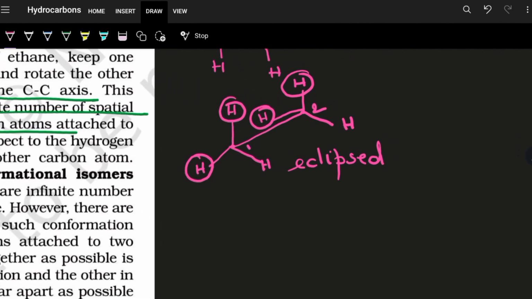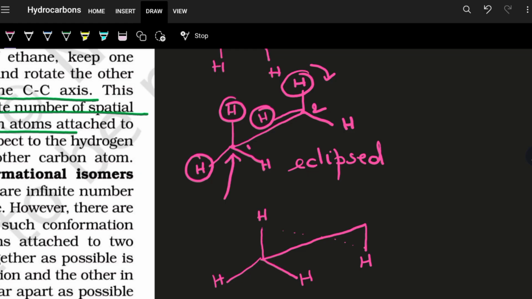Now, if I keep C1 fixed, only tetrahedral, and change the carbon-hydrogen bonds of C2 by rotating them through small angles, we ultimately come to a point where the hydrogen will be just anti to the reference hydrogen, like this.